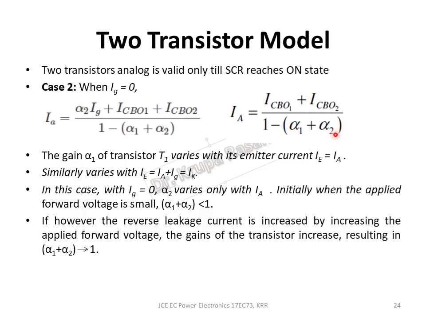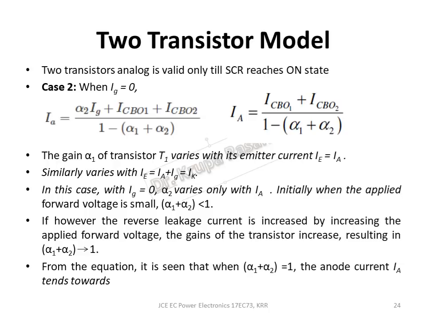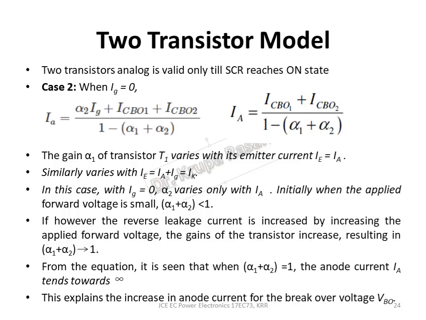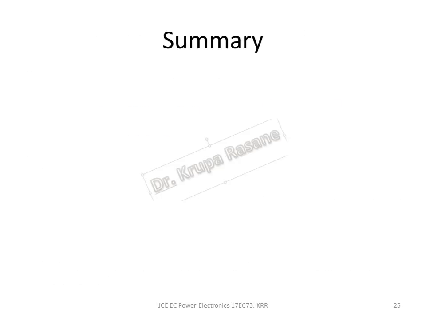Once alpha 1 plus alpha 2 tends to 1, Ia is going to increase, and that happens when the forward voltage reaches the breakover voltage of the device. So from the equation it is seen that when alpha 1 plus alpha 2 is equal to 1, the anode current Ia tends towards infinity. This explains the increase in anode current at the breakover voltage VB.